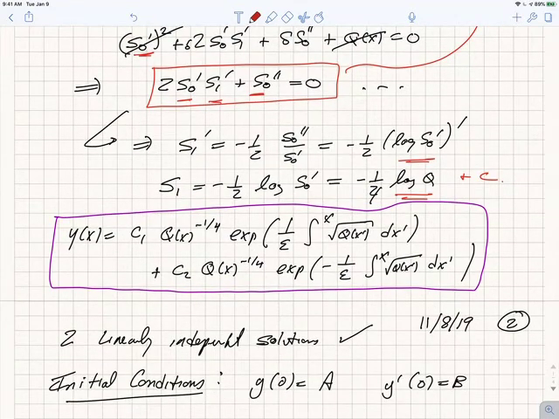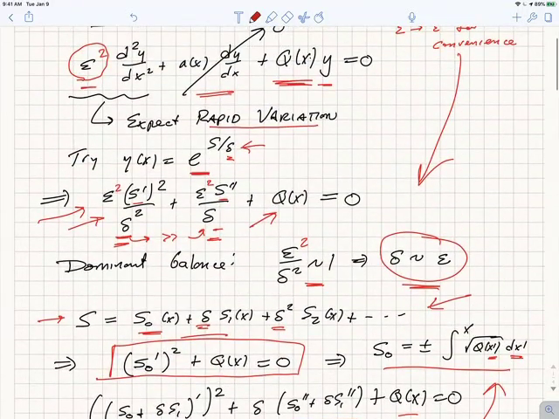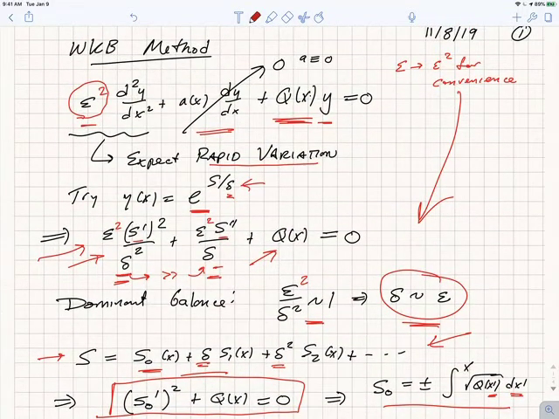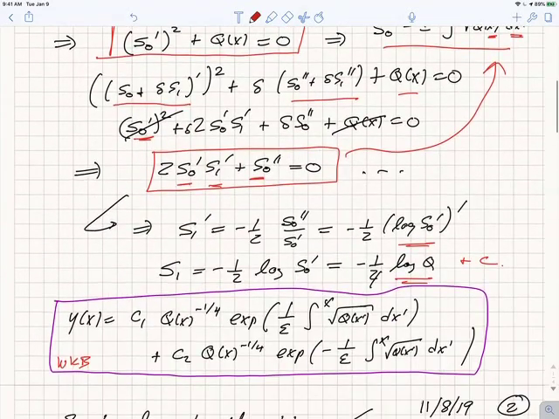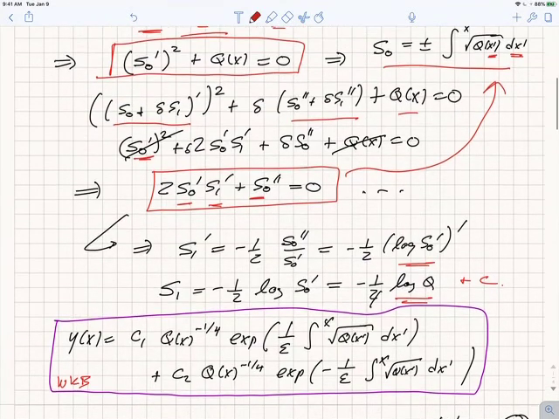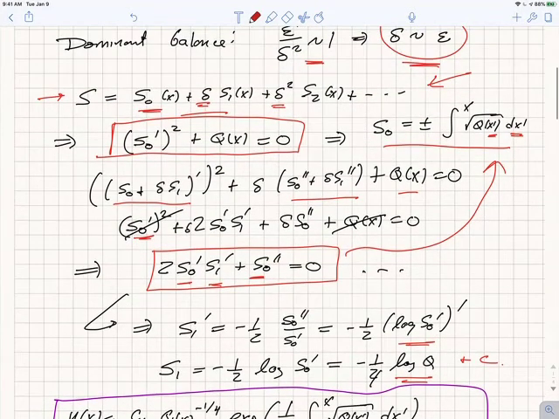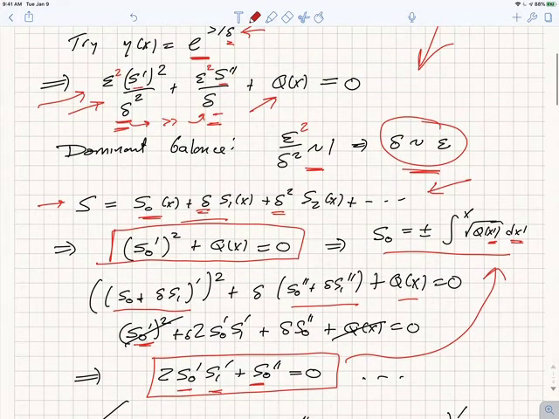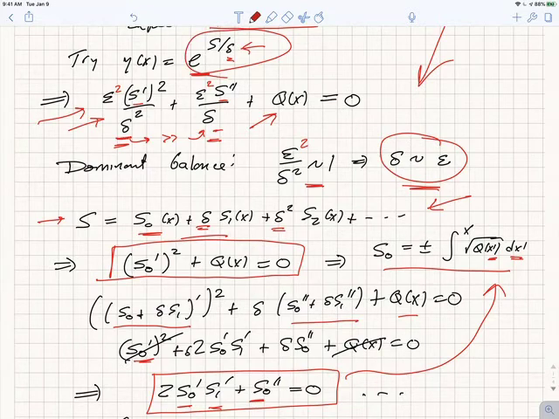So the most general WKB form of the solution of this equation, again, this is true for an equation which has a small parameter here and no linear term, is some arbitrary coefficient c1 times q to the minus a quarter when I exponentiate. There's a delta in front of s1, but that cancels because I'm actually taking e to the s over delta.